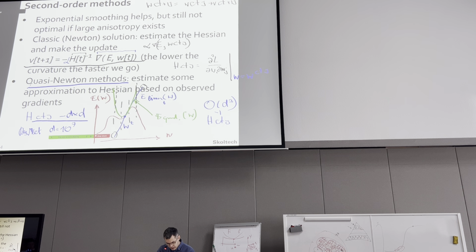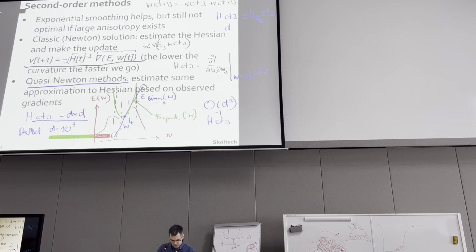Say that our H of t is close to the diagonal matrix. So all off-diagonal elements are zeros, and all diagonal elements are these second derivatives. So in this case, we need to calculate the number of derivatives that equals the dimensionality of our problem, d. So it is comparable with the evaluation of the gradient.